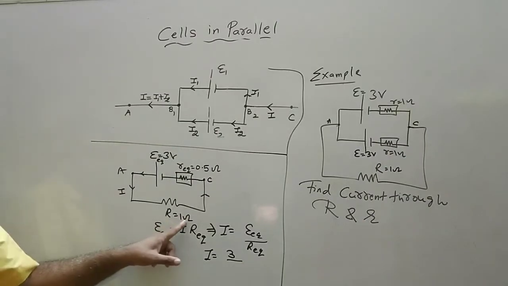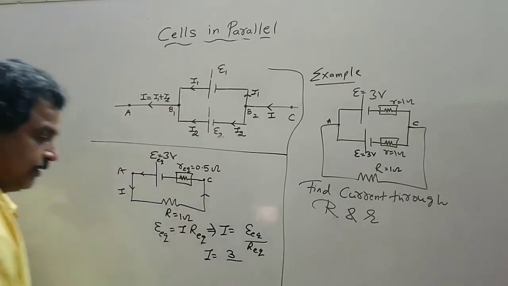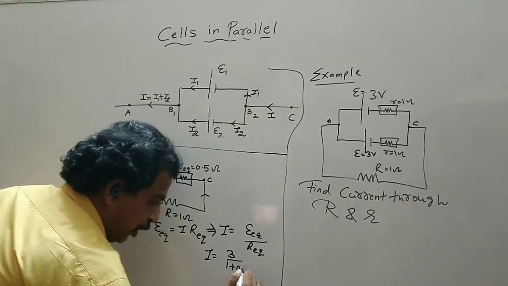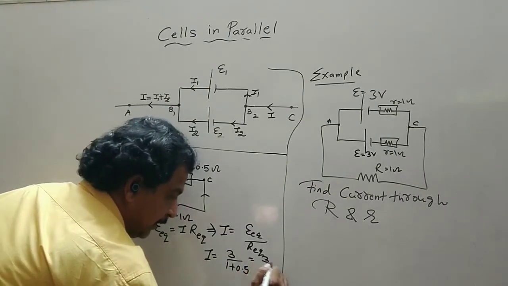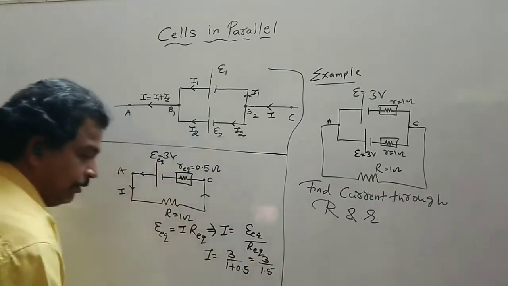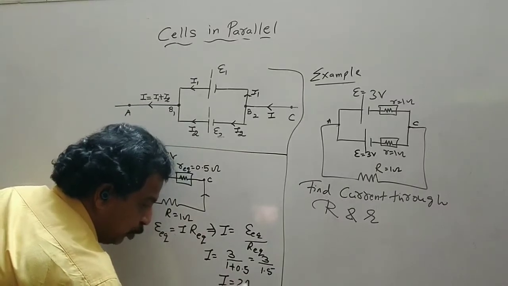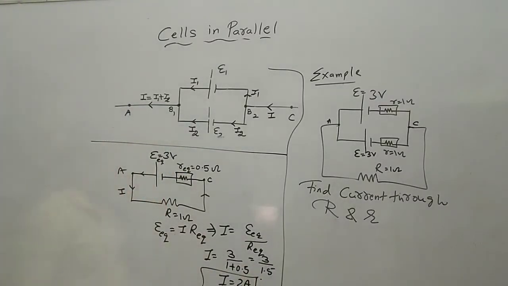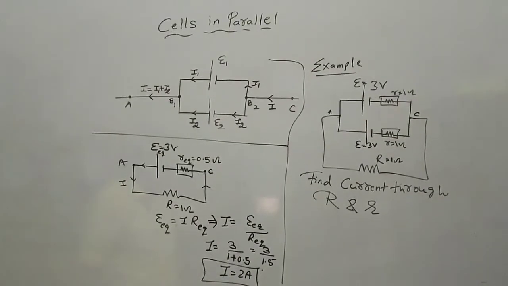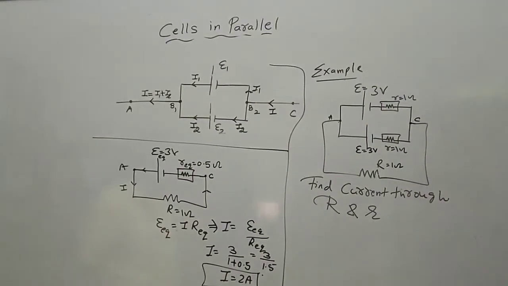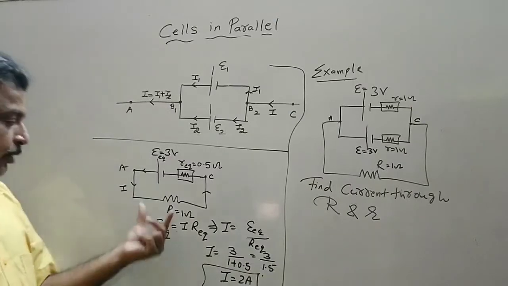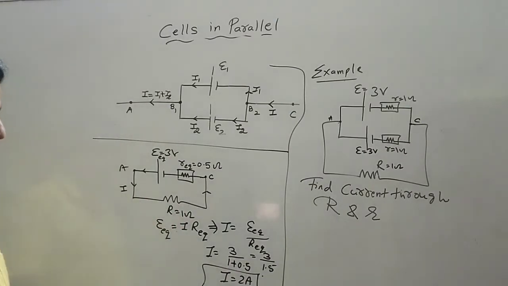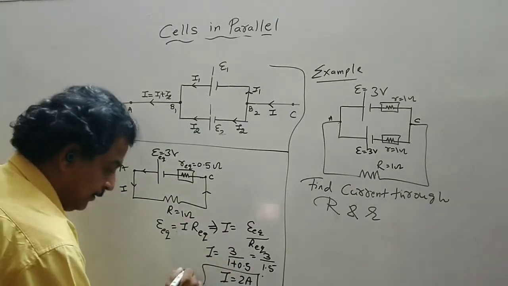So R is 1 ohm, it is in series with this, so it becomes 1 plus 0.5, that is 3 upon 1.5. So I is equal to 2 ampere. This is the current which is flowing through external resistance. So this is the first answer.